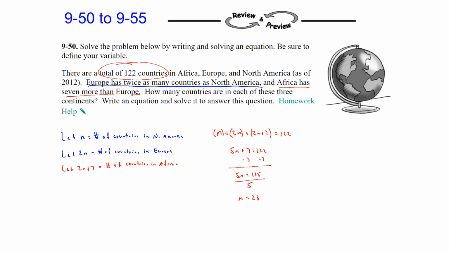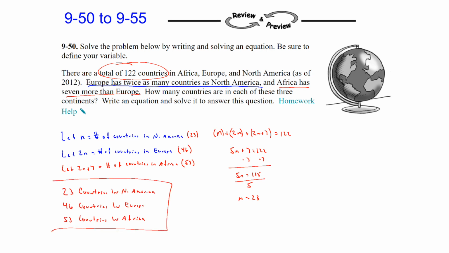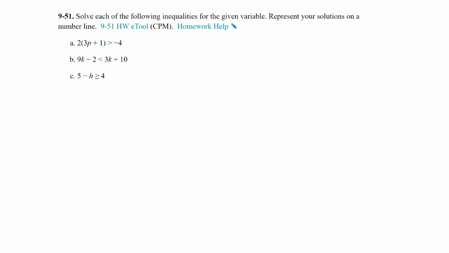N is equal to 23, so North America has 23. 2 times that would be 46 countries in Europe, and if we add 7 to the number of European countries, we have 53. Make sure you do answer the question. Just putting those numbers there is not good enough. You really need to answer the question completely. So 23 countries in North America, 46 countries in Europe, and 53 countries in Africa.